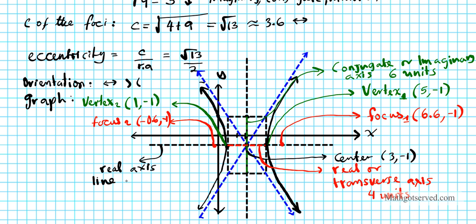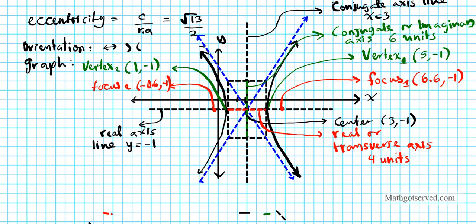Real axis line is y equals the y coordinate of your center, which is -1. And this line up here is your imaginary axis line, or let's call it conjugate axis line. Its equation is x equals the x coordinate of your center, which is 3. All right, so that's that.